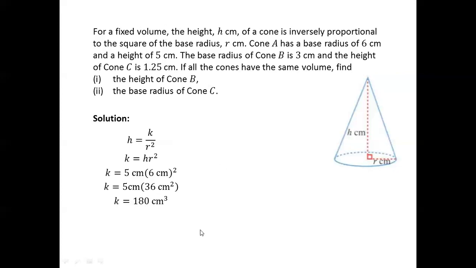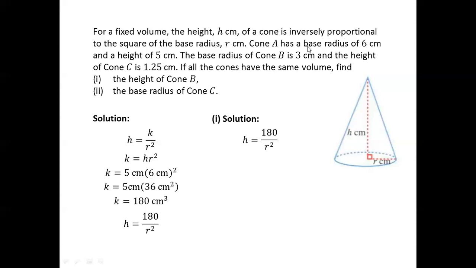So replacing the k value by 180, we have H is equal to 180 over R squared. This will now be our equation for the next two scenarios, for cone B and cone C. Solving the first question, the height of cone B, we apply this equation.